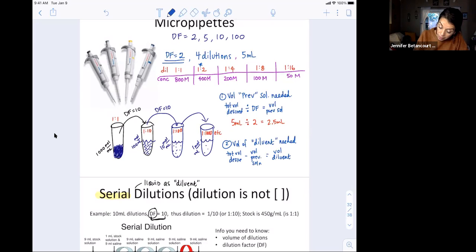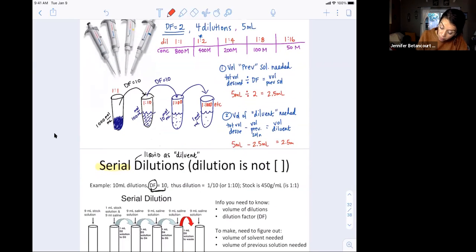So in this example, total volume desired is 5. Volume of the previous solution, we literally just solved it, 2.5. That means the volume of the diluent we need is 2.5 mils. Anytime you're doing the DF of 2, those two values are going to be the same, but it's not the case for DF of any other number besides 2.